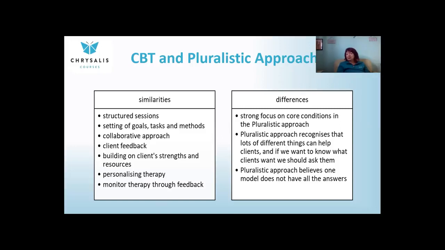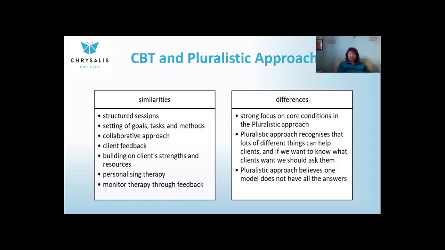And the pluralistic approach believes that no one model has all the answers. So where CBT therapists obviously think that their way is the best way, the pluralistic approach believes that no one model is best for every client in every situation, and that it's best to use the approach and the techniques that actually suit that client and that client's issue.